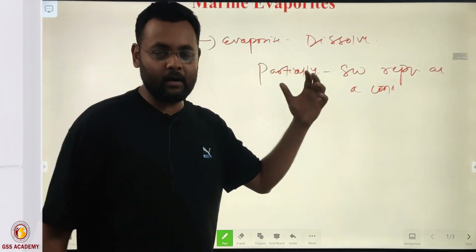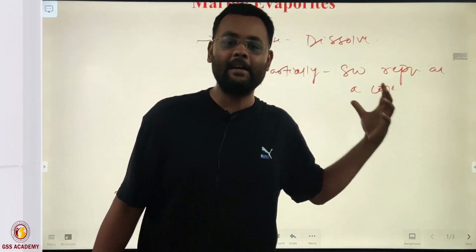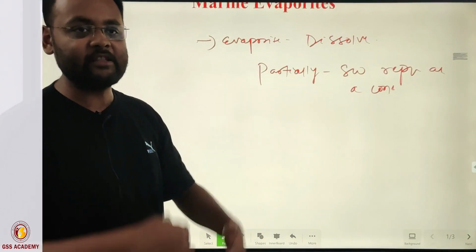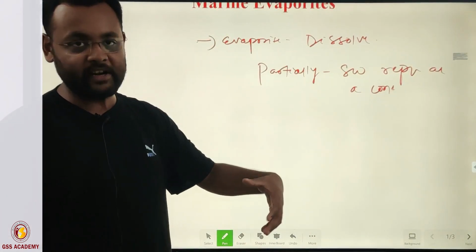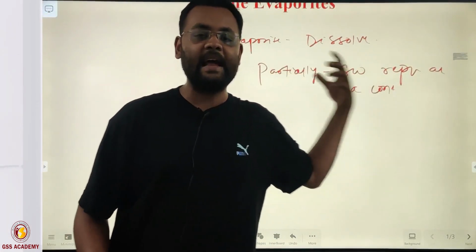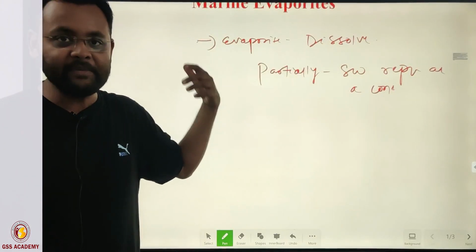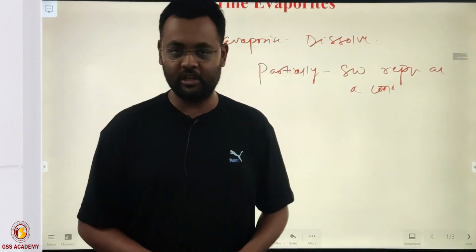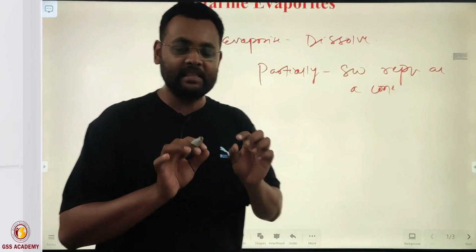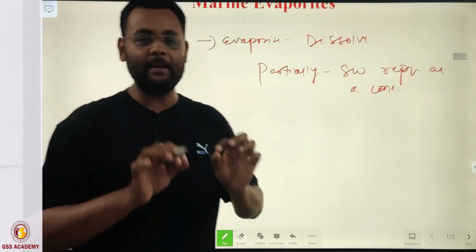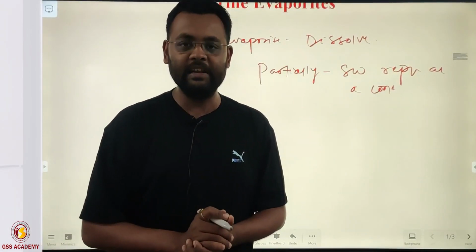But if the water body is completely isolated from the open ocean, there will be no exchange of water between the open ocean and that shallow body of water. There will be deposition of evaporites, but the thickness of the evaporite layers will be relatively small.